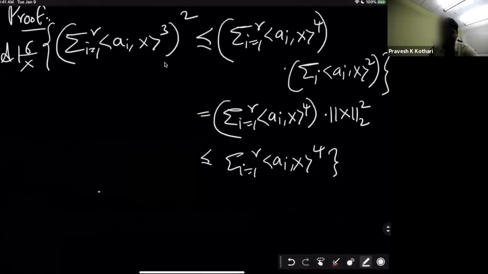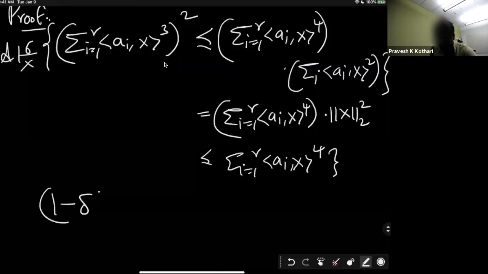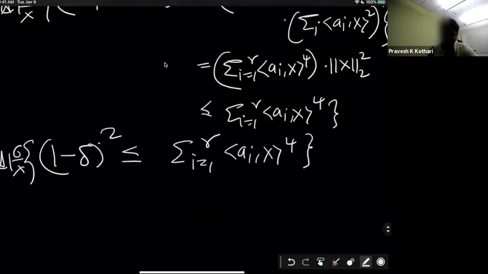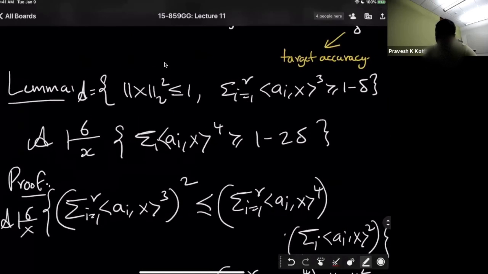So the left-hand side of this, after squaring, gives me that 1 minus delta squared is a lower bound on sum of a_i x to the 4. And I have a degree 6 proof of it. Okay. And now I'm just using that 1 minus delta squared is at least 1 minus 2 delta. Okay, that's it. That's the proof. Good.